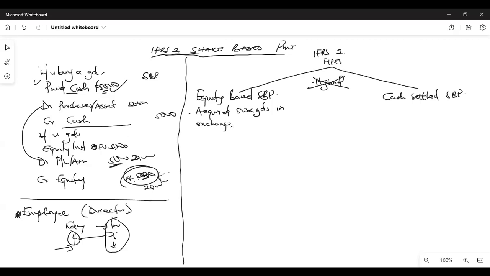An equity instrument. A typical example of equity instrument, here we are looking at IFRS 9, we are talking about shares or share options.